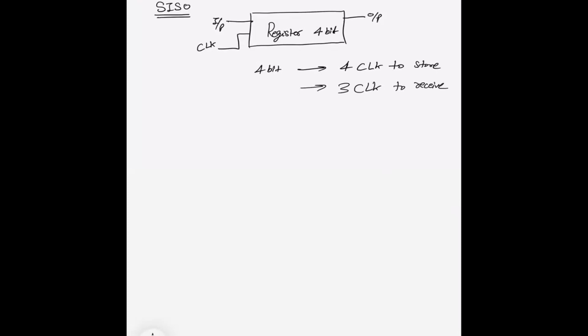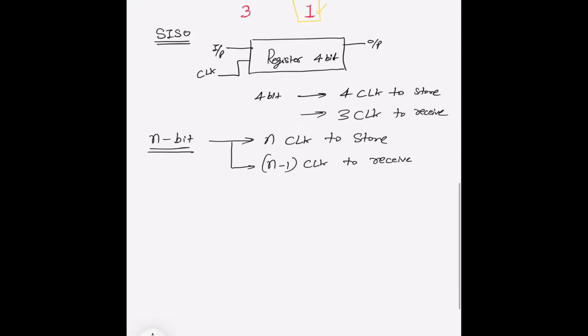So if we talk about n bits, and you want to store n bits and retrieve those n bits, for n bits you need n clock pulses to store, and you need n minus 1 clock pulses to retrieve or receive your data at the output side. And this is happening because you have only one output end.